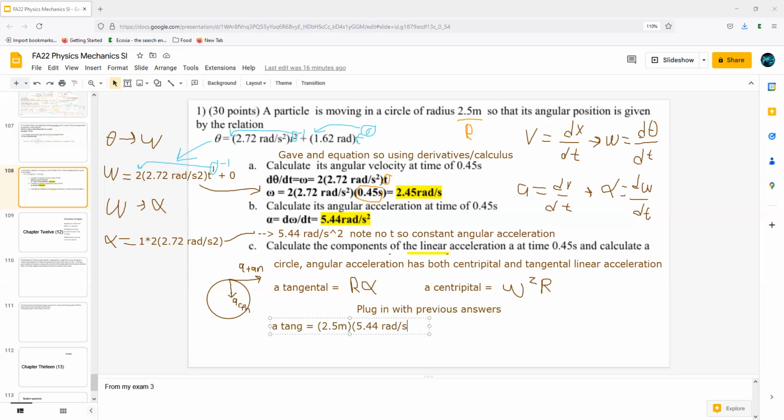Note that you can plug these in because you use the same time. For the tangential, you're using alpha, so it's not going to really matter. But for the centripetal, because you're using velocity, it does kind of matter that you have the same time. Omega we found as 2.45.